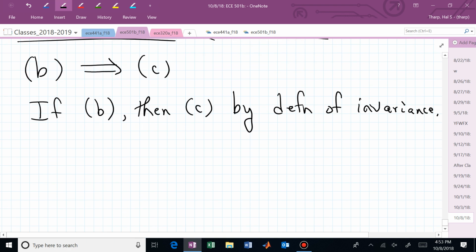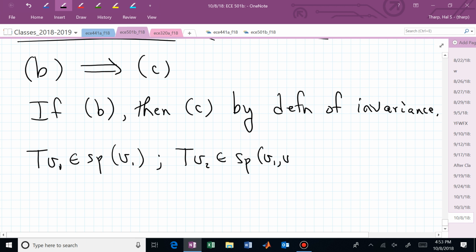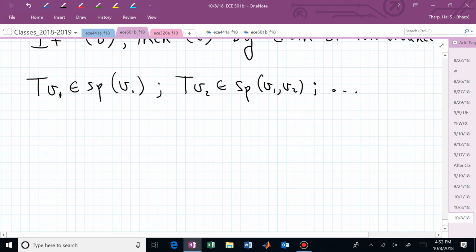In other words, TV1 is in the span of V1. That's statement B. TV2 is in the span of V1, V2. And we can just keep going. TV sub L is an element of the span of V1, V2, up to V sub L.